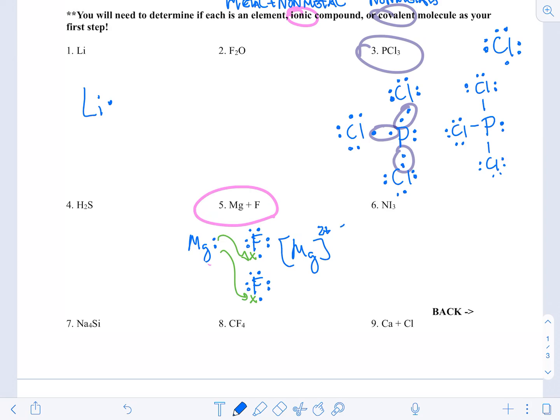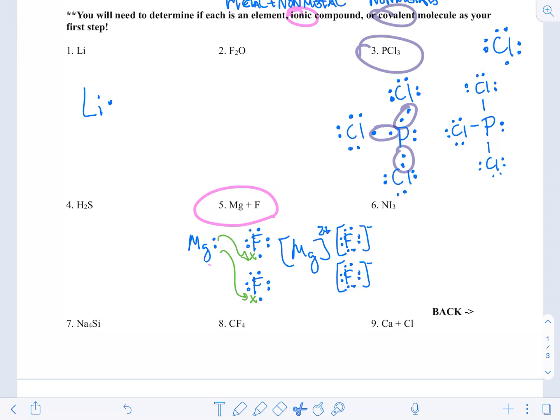Please remember that the metal is a positive ion and the nonmetal is a negative ion. And the nonmetal always has 8 valence electrons around. Okay, so that is what I want to show for an ionic compound.